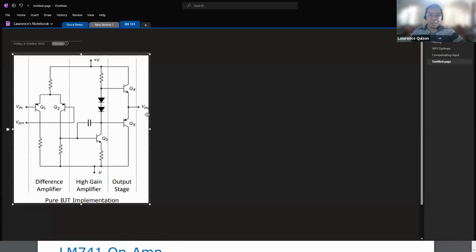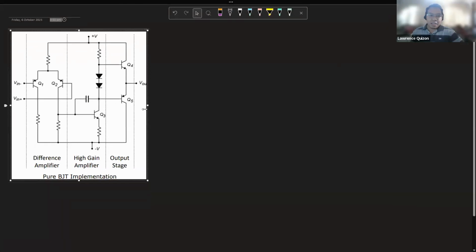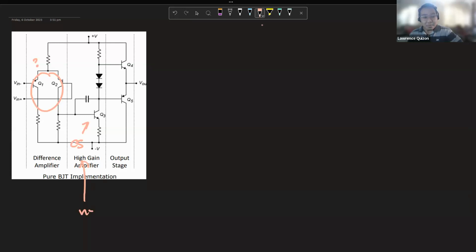In reality, makikita natin sa course na to is, paano to? This one, I'm not sure kung anong lesson to, but you call that a differential pair. But this one is a common source amplifier, which is actually the next lesson.